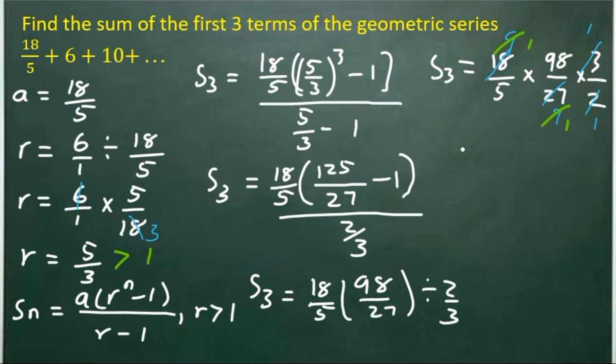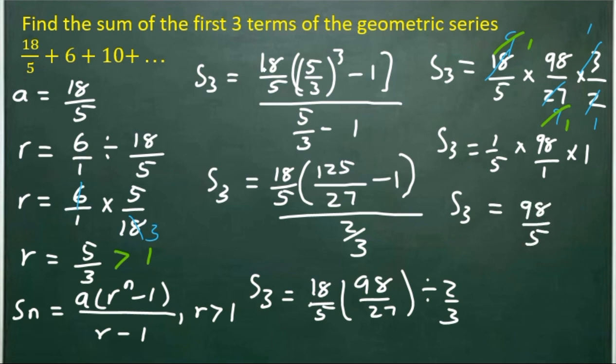So what we have left basically is the sum of the first three terms equals 1 over 5 times 98 over 1 times 1. So this will give us 98 over 5. So we can say that the sum of the first three terms of this series is 98 over 5.